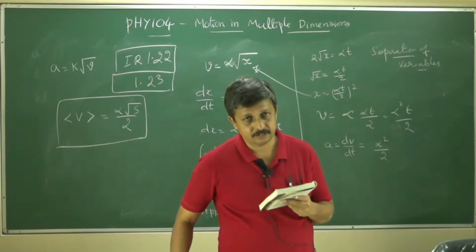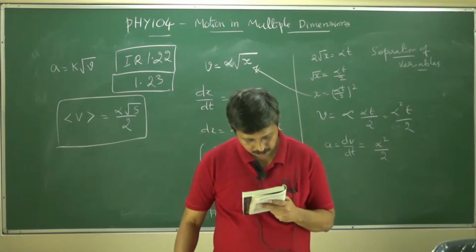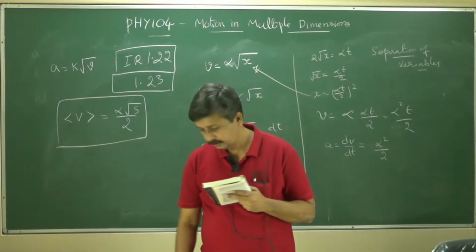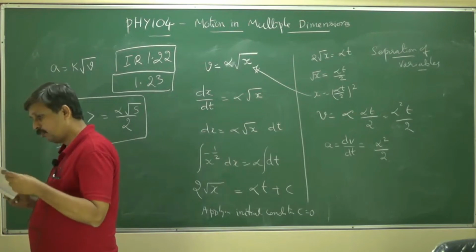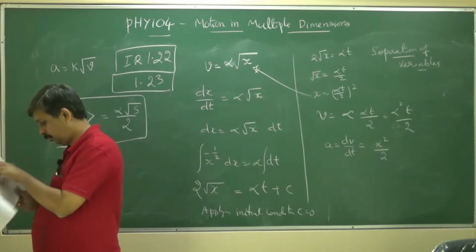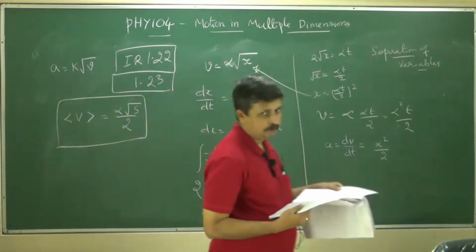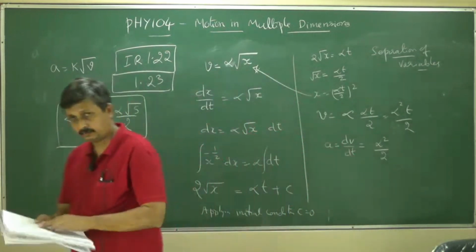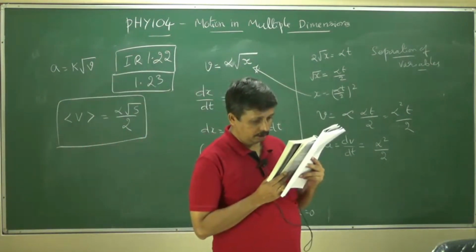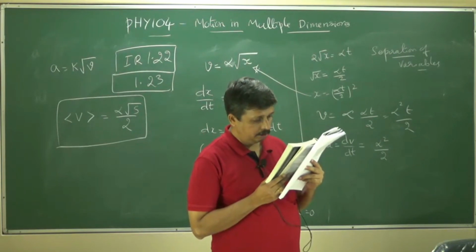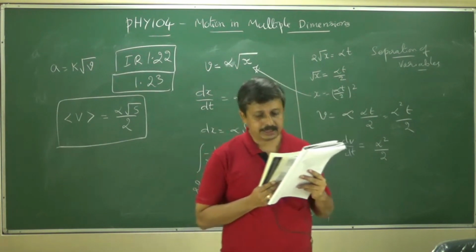At the initial moment, velocity of the point is equal to v naught, equal to 4 meters per second, and it starts from the origin.